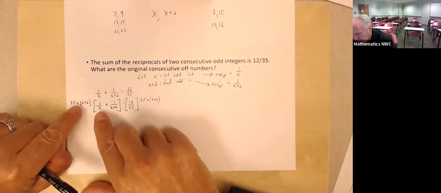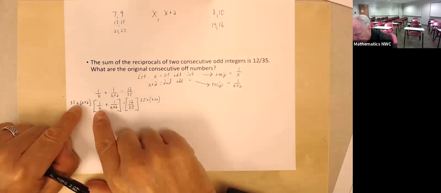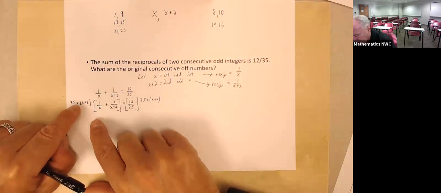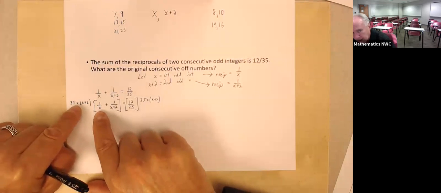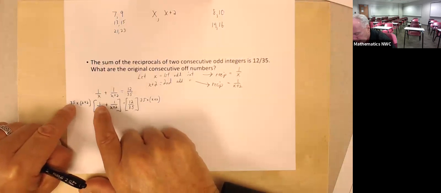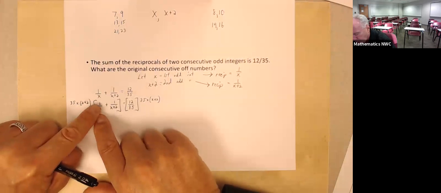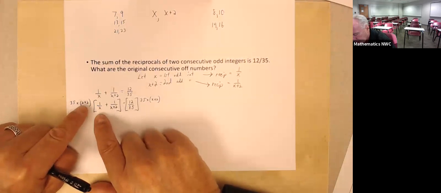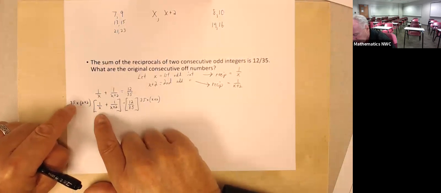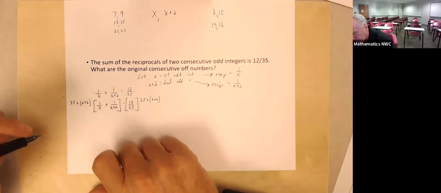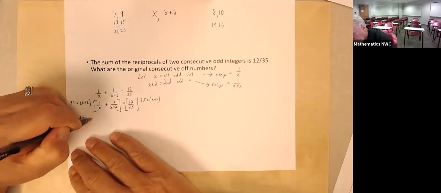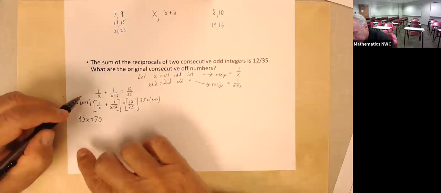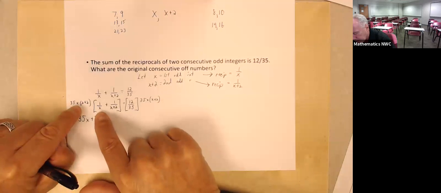Here the x's cancel. I'm not going to cross them out because I don't want to leave that x. I'm going to need it for the next term. But in your mind, you're canceling these two x's. You're left with 1 times 35 times x plus 2. That's 35 times x, 35 times 2 gives you 35x plus 70.